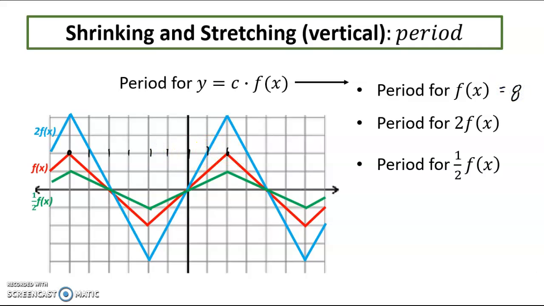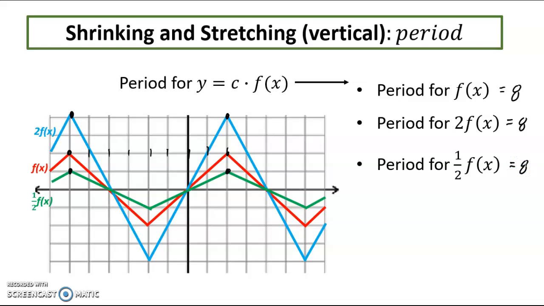Right, so from one defining characteristic to another. So when I look at the period for 2 times f of x, my vertical stretch, notice that the distance between the points is unchanged. Likewise for a vertical shrink. The distance between those points is the same.